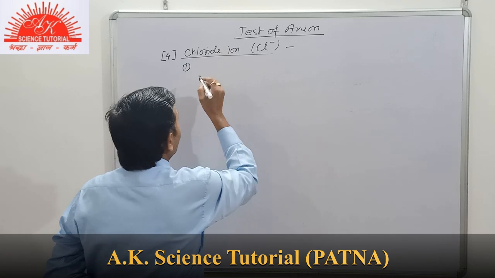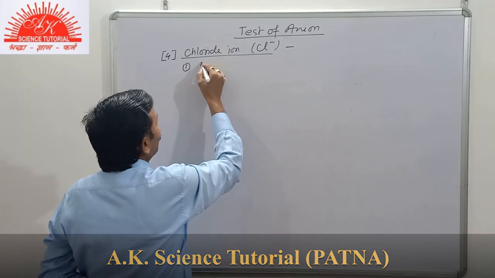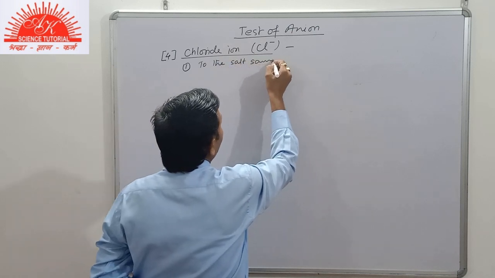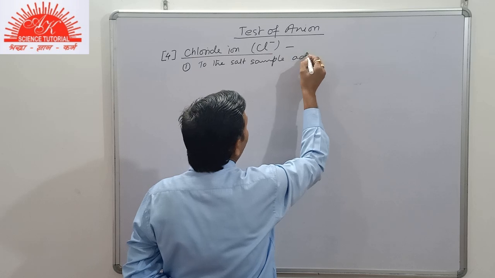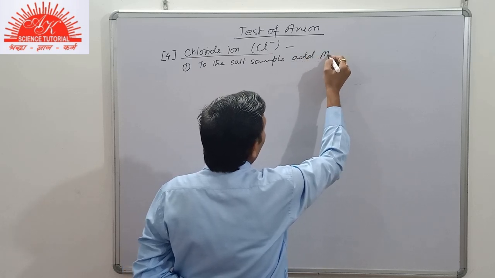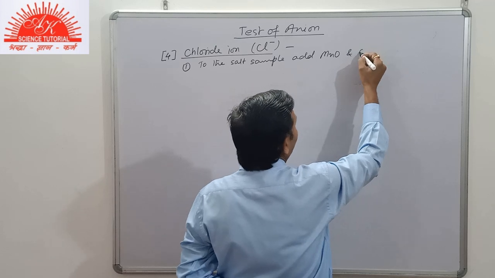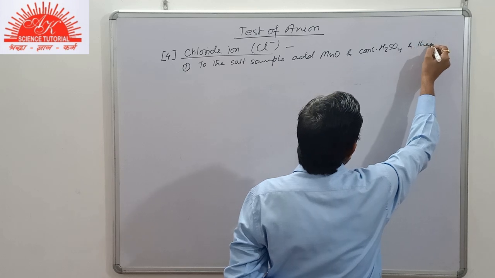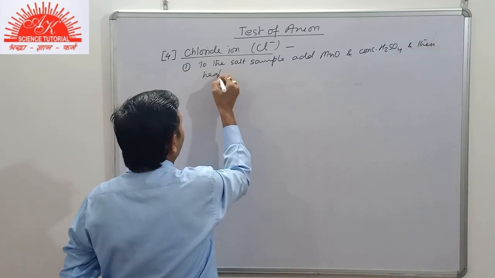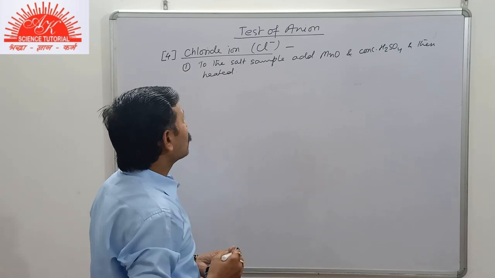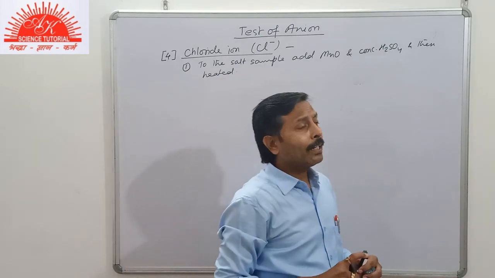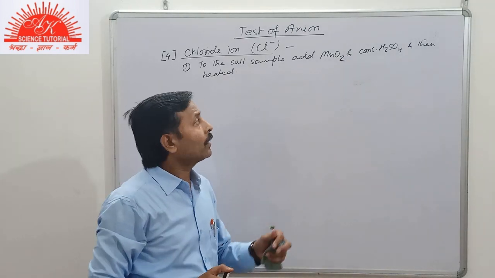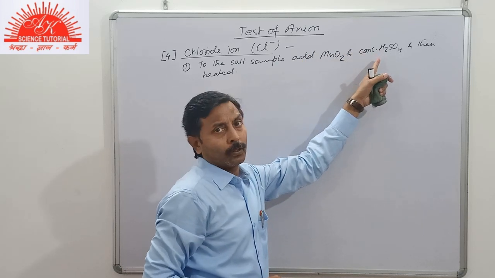As a first test, to the salt sample add MnO2 and concentrated H2SO4 and then heat. That is, to the given salt sample we add MnO2, manganese dioxide, the oxidizing agent, and concentrated H2SO4, then heat.